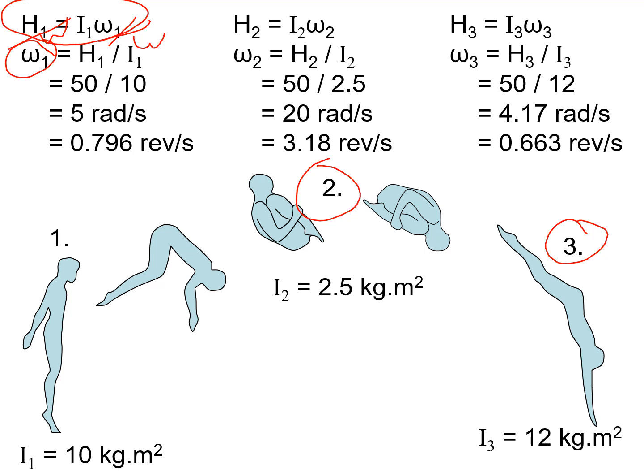Once again, this could be you spinning in your office chair. If you're spinning with your legs and arms outwards, you're going to be spinning slower. But if you tuck your arms and legs towards your body, it's going to feel like you're spinning quicker. You increase your angular velocity by decreasing your moment of inertia.